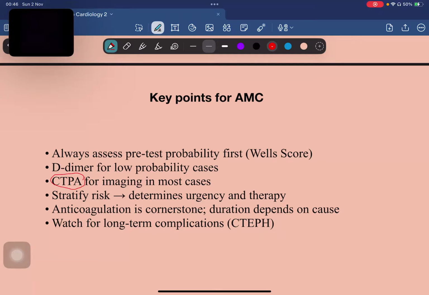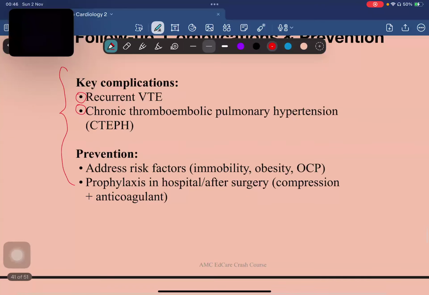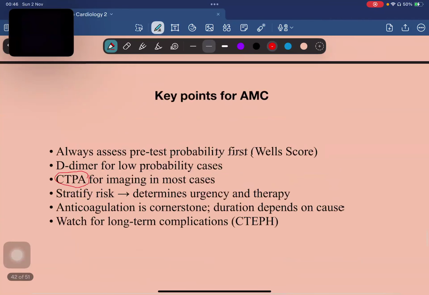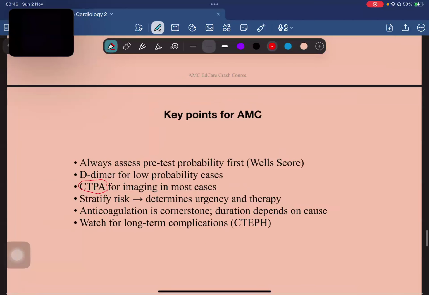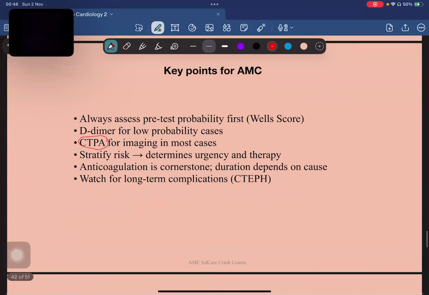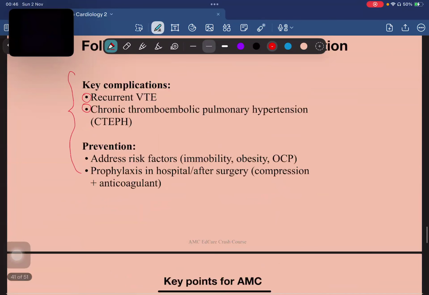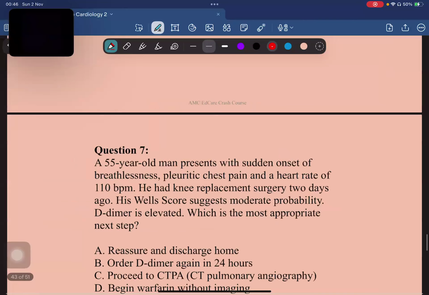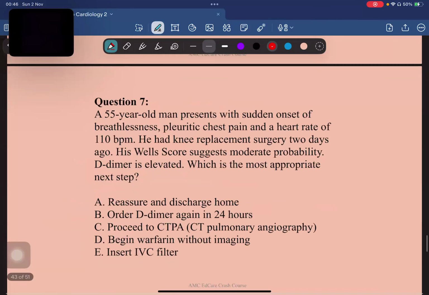And like I mentioned before, anticoagulation is the cornerstone, and the duration depends on the cause. So we also need to watch for long-term complications, like we just discussed, VTE recurrence and CTEPH. That's something you need to know. So that should pretty much cover the key points for pulmonary embolism. Now let's just do this question.